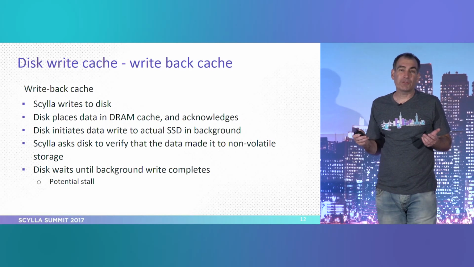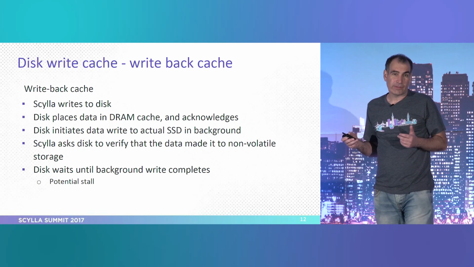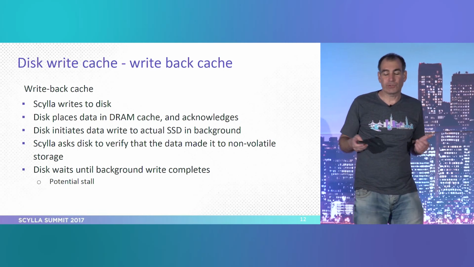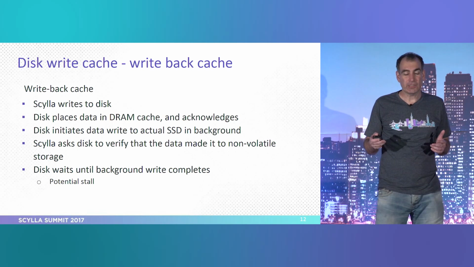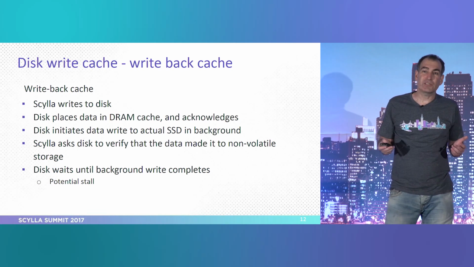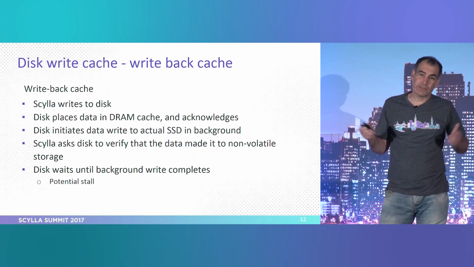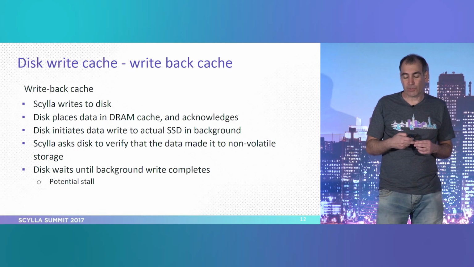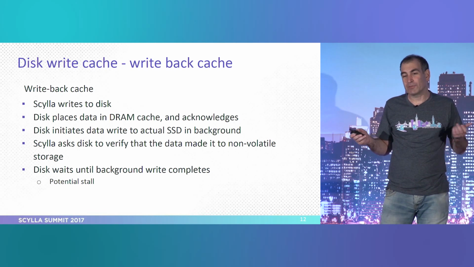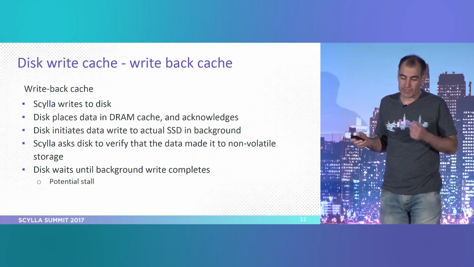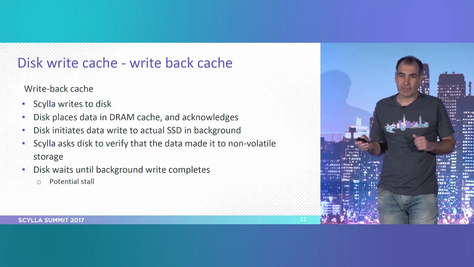We write something to the disk, and the disk, for its own reasons, doesn't write it immediately to the media. So it just places it into a DRAM cache and says, OK, I've completed the write, but it's actually lying. The data is in DRAM, and if you lose the power, then that data is gone.